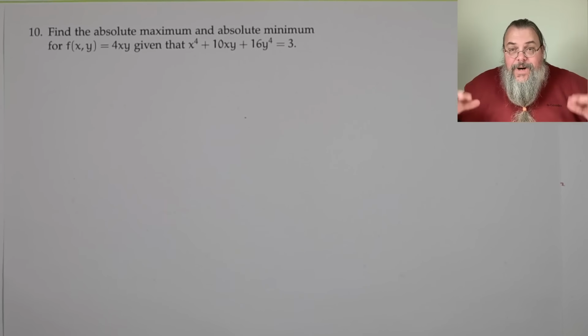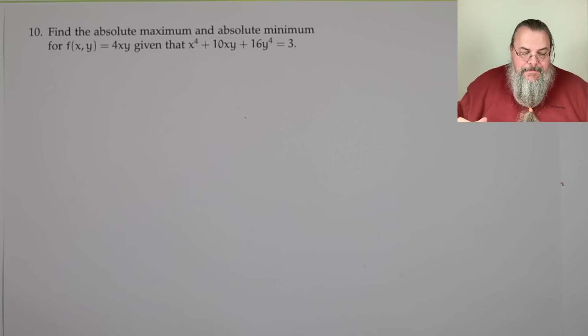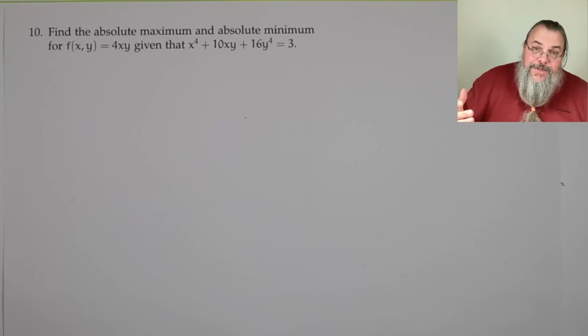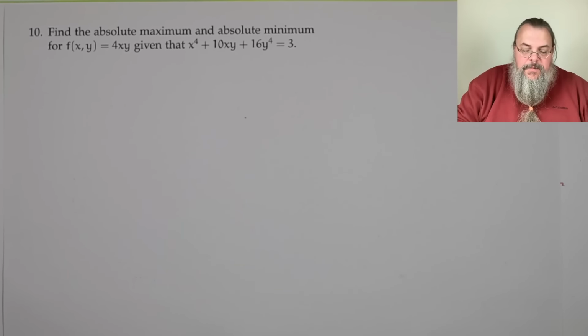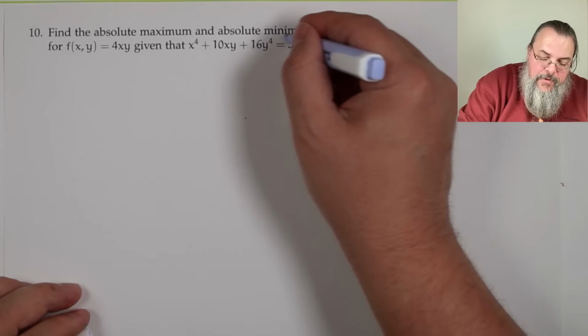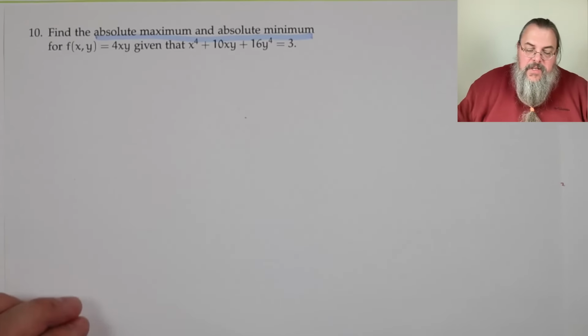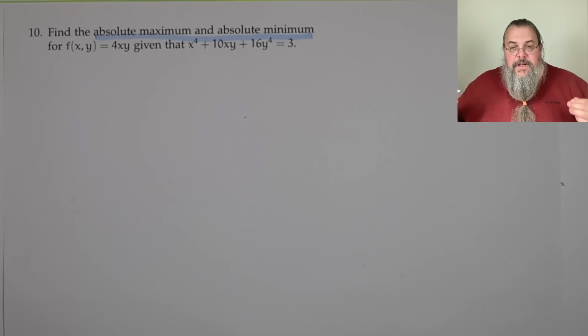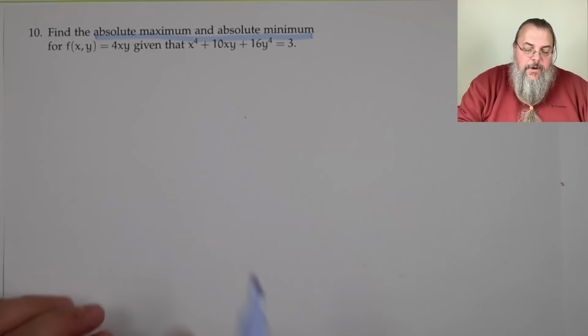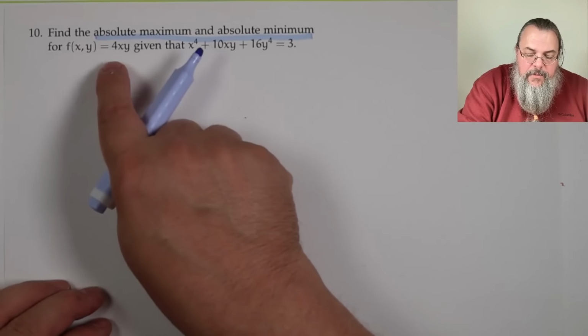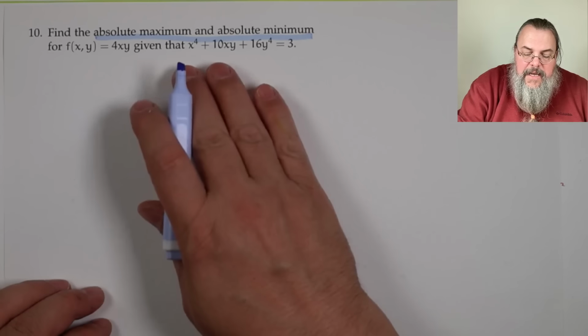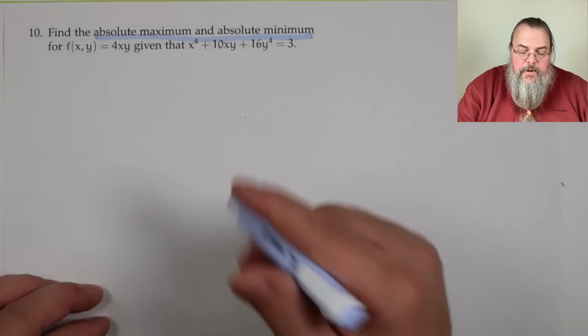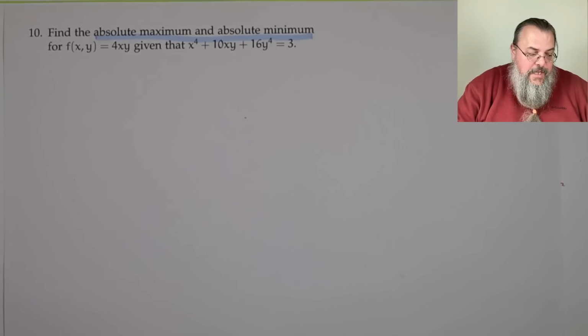Now, what kind of problem are we doing? Well, we see some words in common with the last problem. In other words, you see words like absolute max and absolute min. But it's phrased slightly differently. We have this function f of x, y equals 4xy, and that x to the fourth plus 10xy plus 16y to the fourth equals 3.